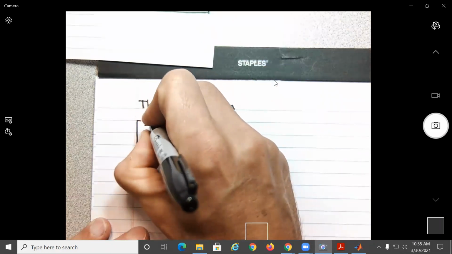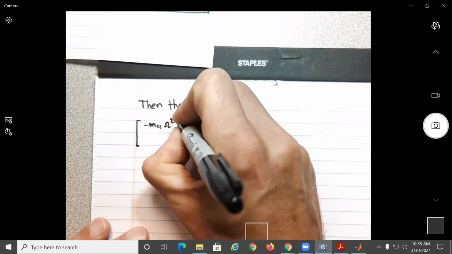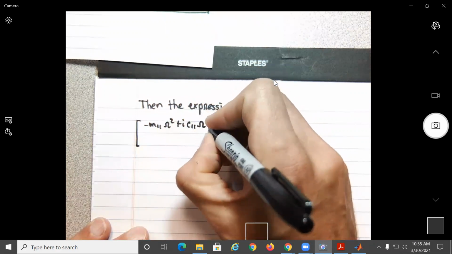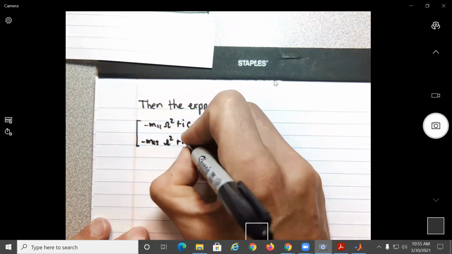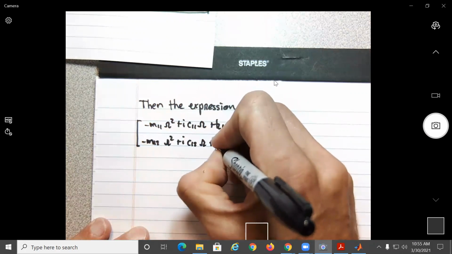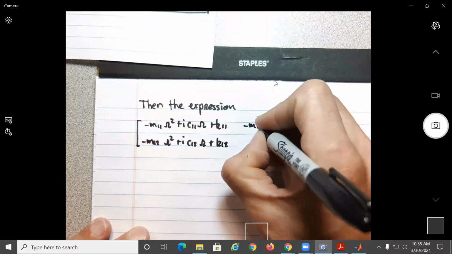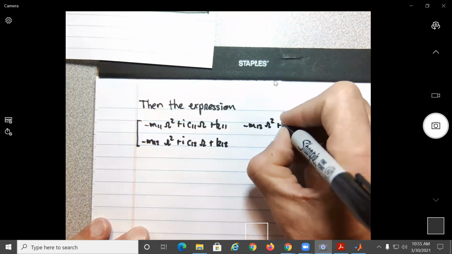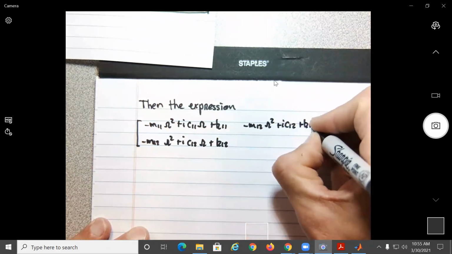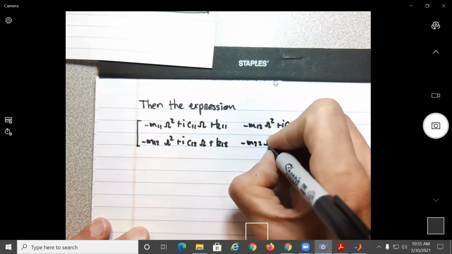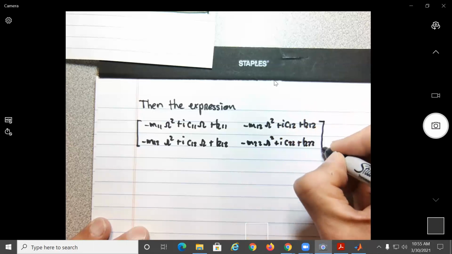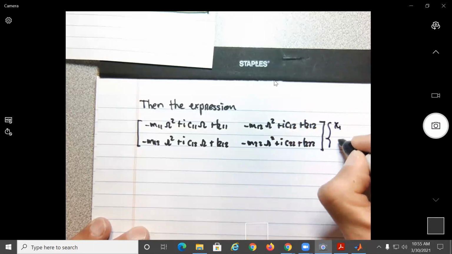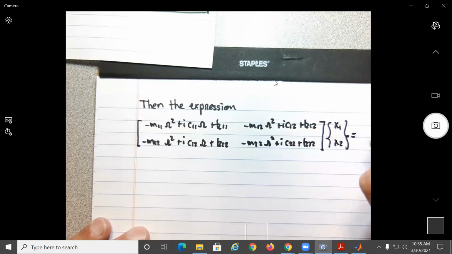We have minus m11 omega squared plus i c11 omega plus k11, minus m12 omega squared plus i c12 omega plus k12, minus m12 omega squared plus i c12 omega plus k12, minus m22 omega squared plus i c22 omega plus k22, of x1, x2 will be equal to f1, f2.